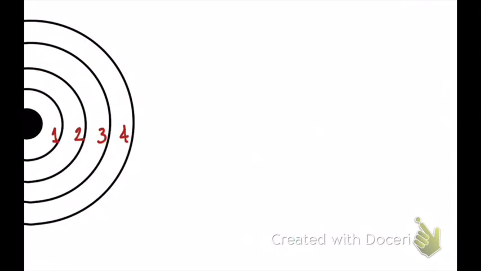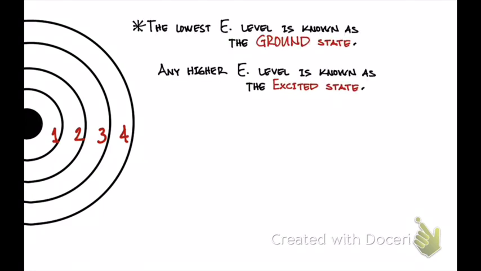Here are a few more things that you need to know regarding Bohr's model of the atom. The lowest energy level is known as the ground state, and any higher energy level beyond the ground state is known as the excited state. Whenever you feel excited, you usually have a lot of energy. And so the excited state has a higher energy than the ground state.